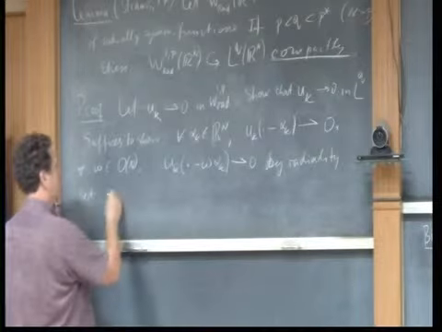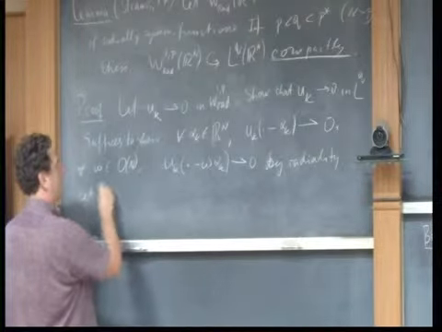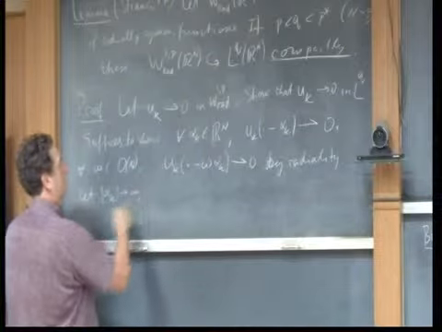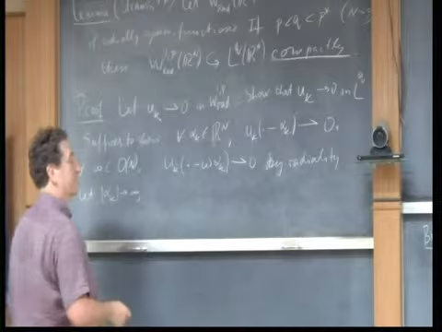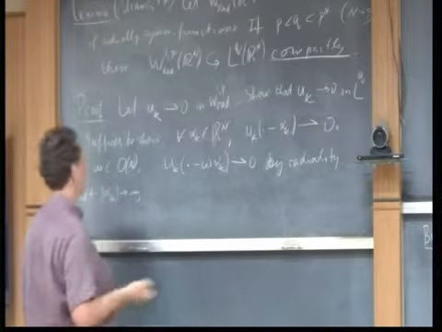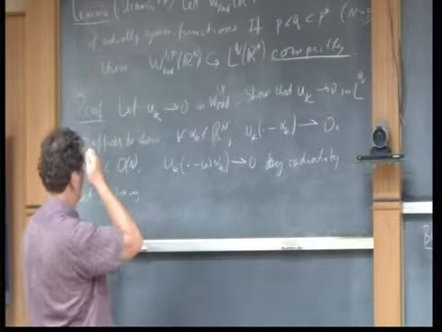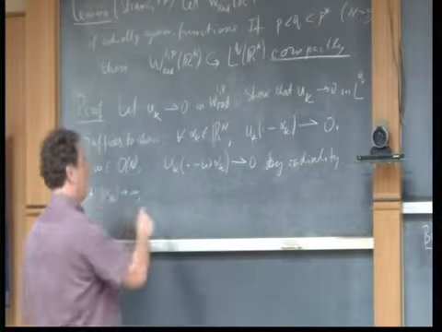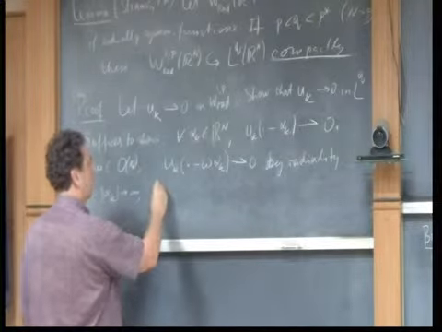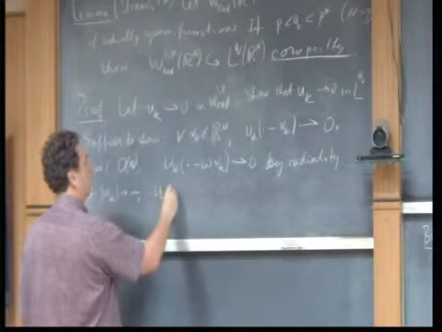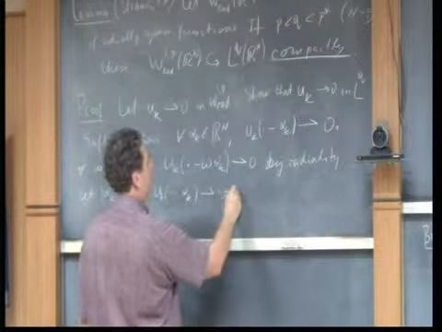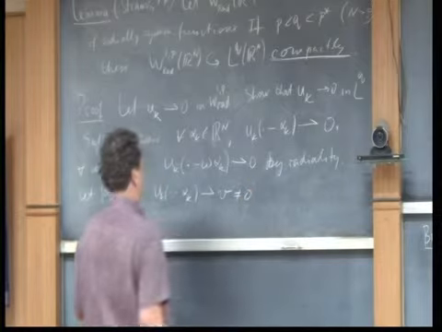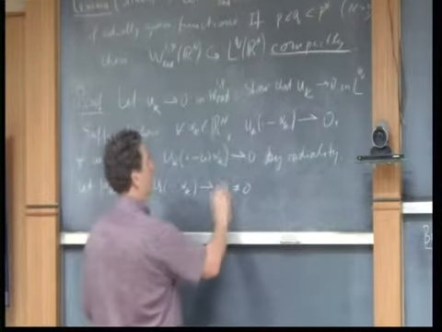So for some sequence, let alpha_k go to infinity. Alpha_k bounded are not interesting here because it's the same as a fixed shift. Let alpha_k go to infinity, be such that u_k(dot minus alpha_k) converges weakly to some v, which is not zero. Let's call it u.